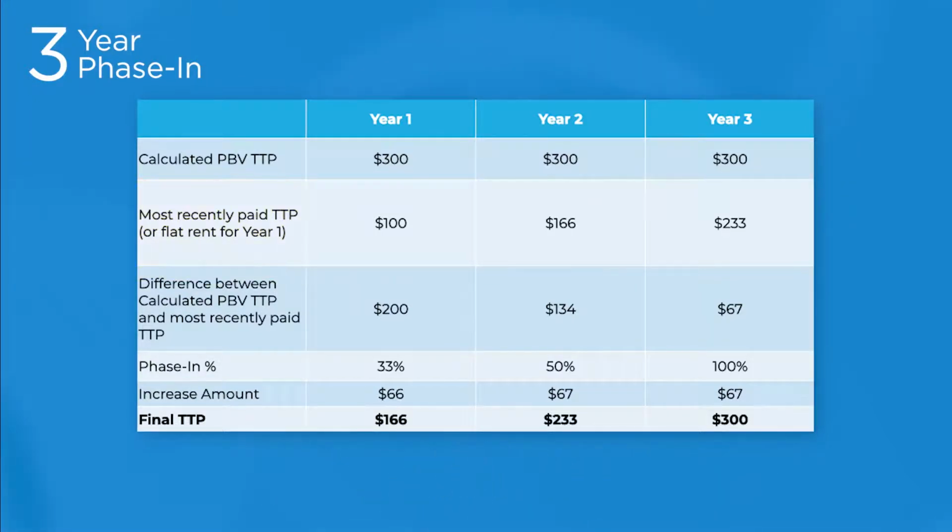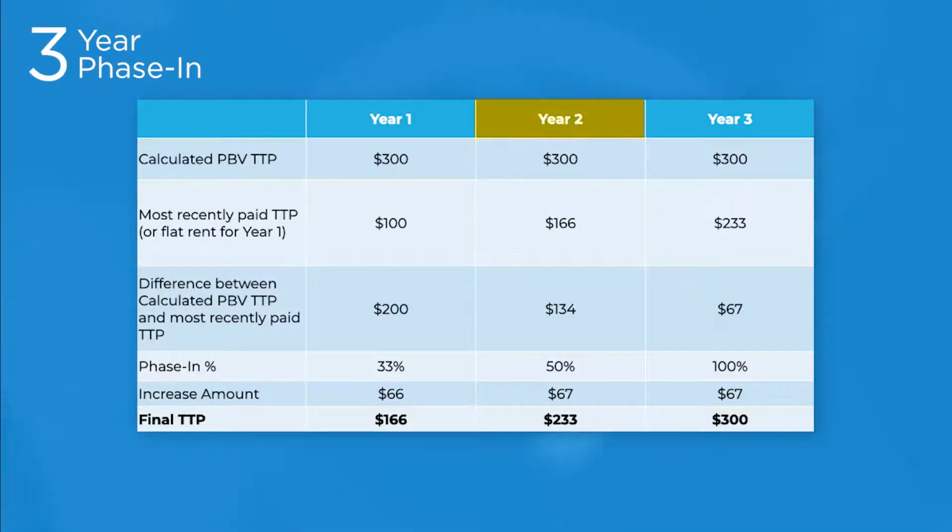At any annual or interim recertification following RAD conversion performed prior to the second annual recertification after conversion, the resident's contribution increases by 33% of the difference between the calculated PBV TTP and the most recently paid TTP, or flat rent if a family was paying a flat rent immediately prior to conversion.